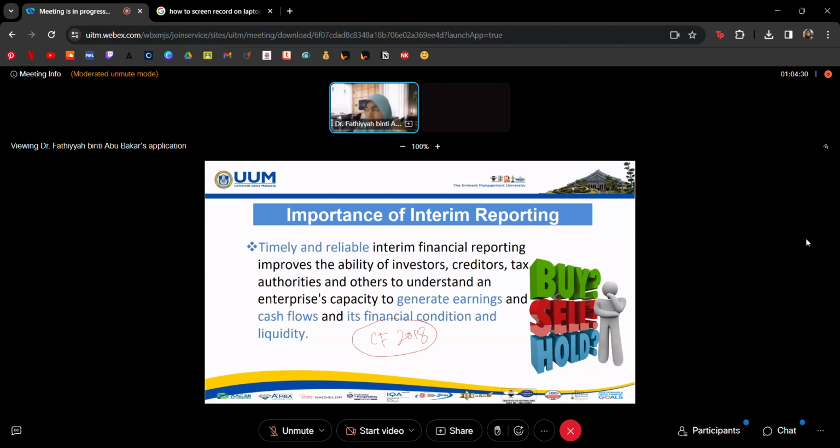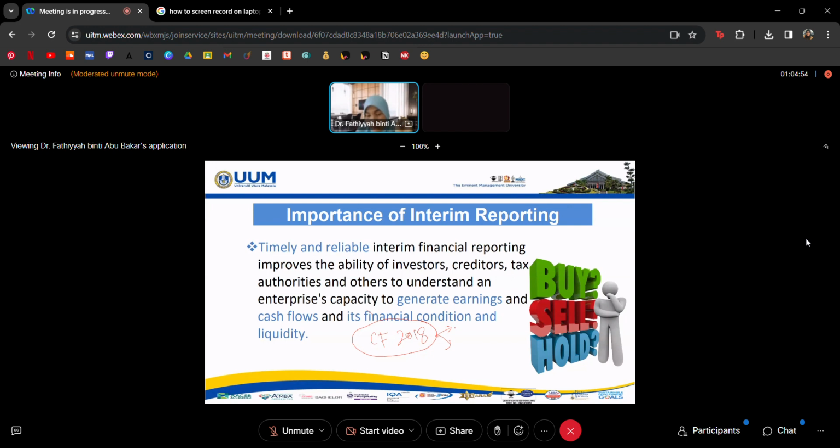There are, if I'm not mistaken, okay, there are 6 qualitative characteristics. Okay, and just to make some revision for you to remember, which I believe you have gone through, the conceptual framework. So we are discussing the qualitative characteristics.